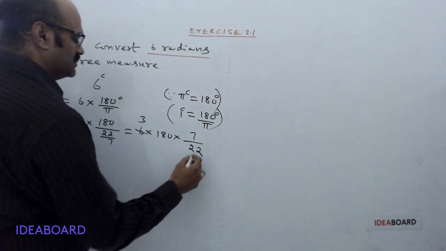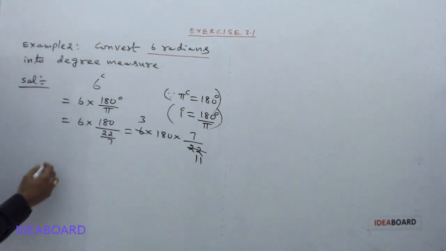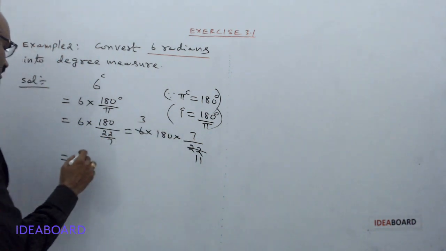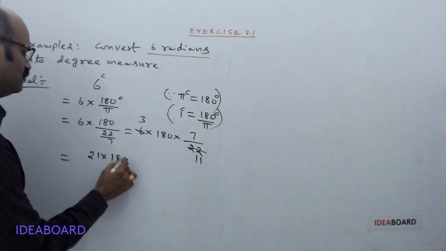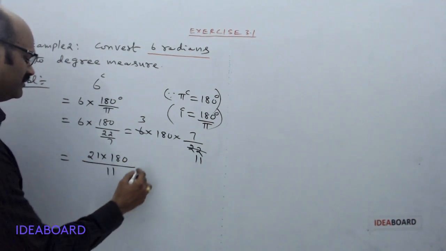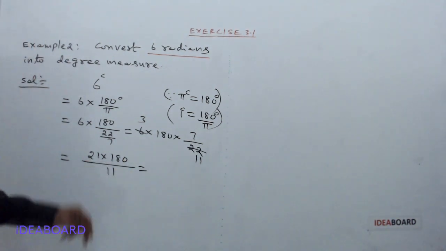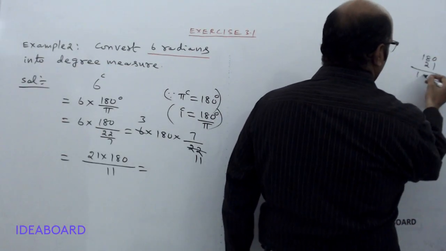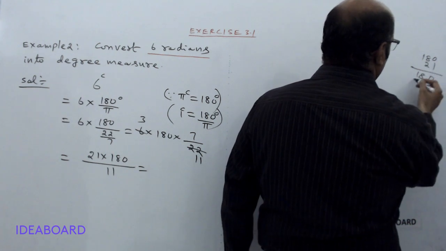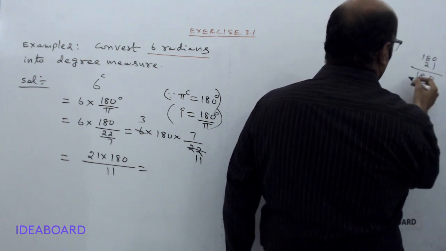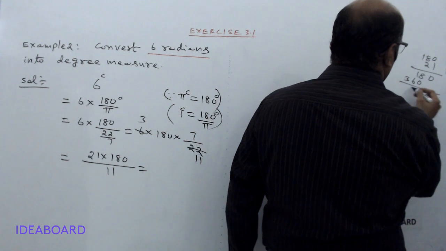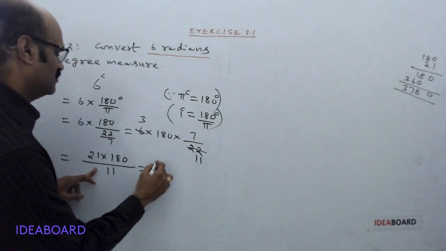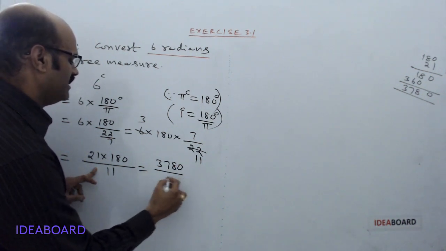Now 2 3s, 2 11s, so equal to 3 7s, 21 into 180 by 11 we are having. So now you multiply 180 by 21. We are getting 3780. So that it's equal to 3780 by 11.